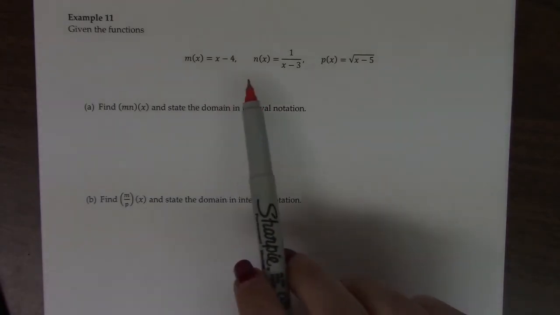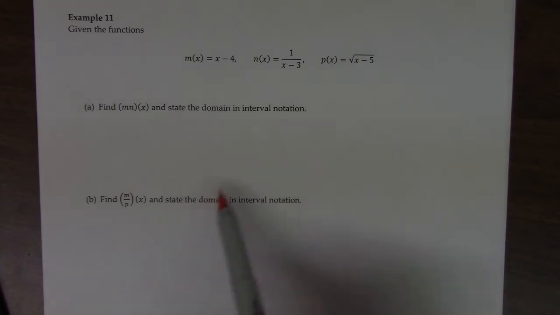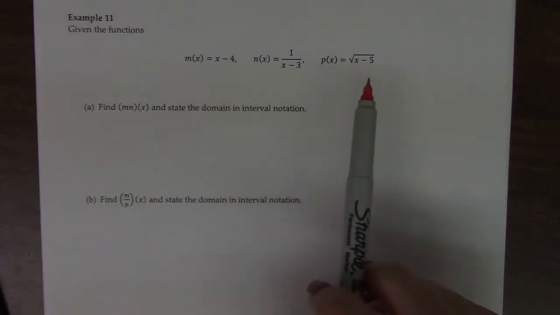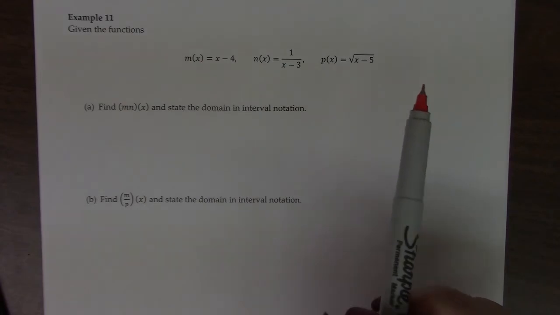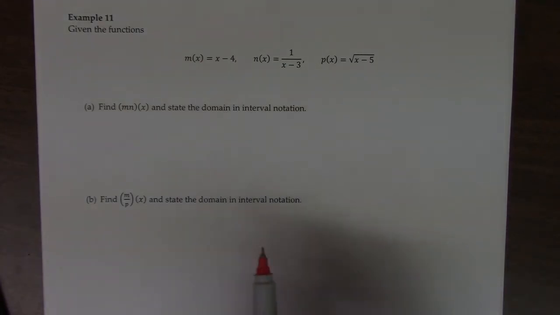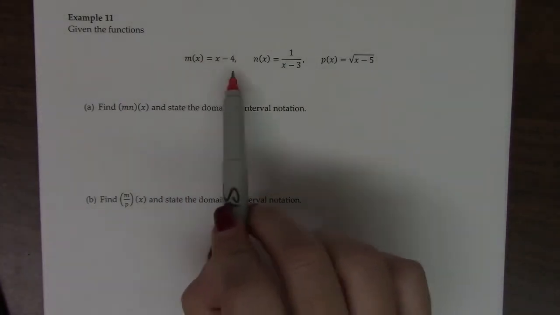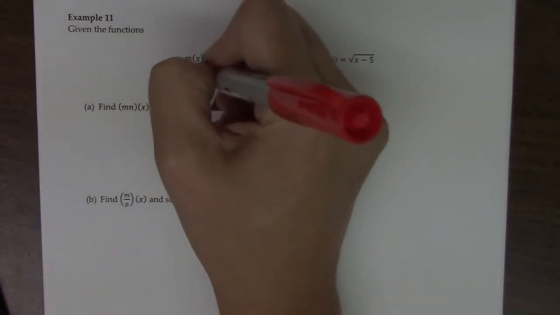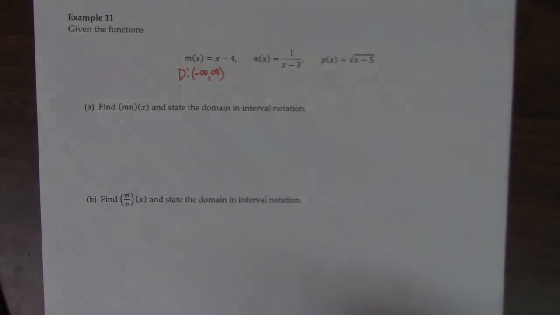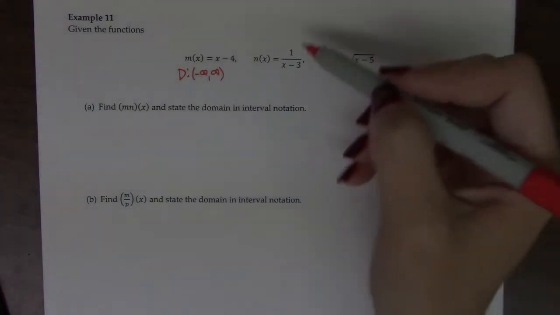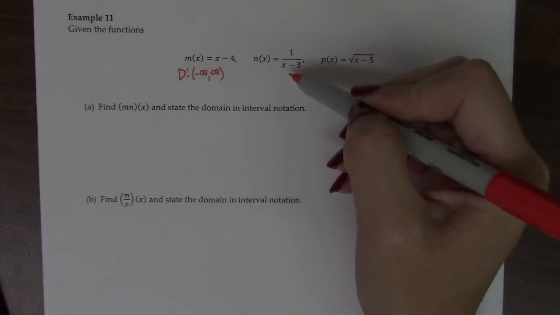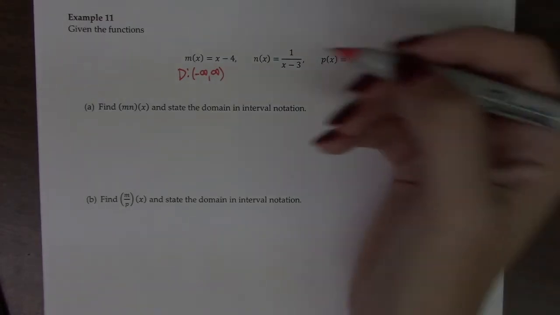What I would always advise, if you know you're going to have to find the domain after you manipulate, is to find the domain of the original functions that you're starting with first. m of x is just a line, and the domain of a line is all reals, so we have no restrictions on this function. For this function, however, you can't plug in 3 because 3 would give you 0 in the denominator.